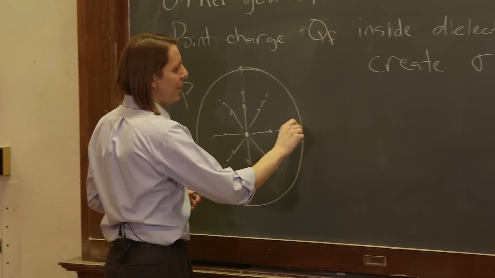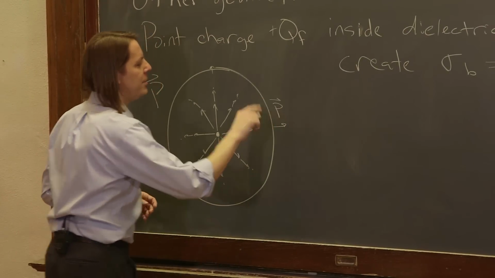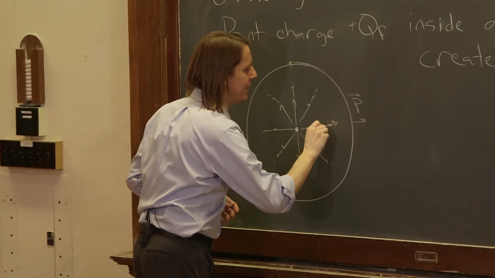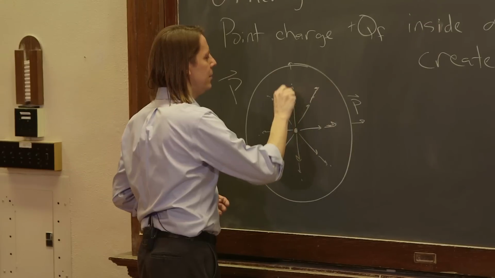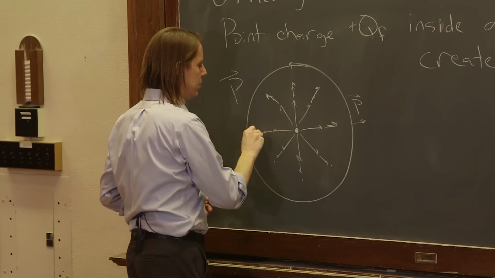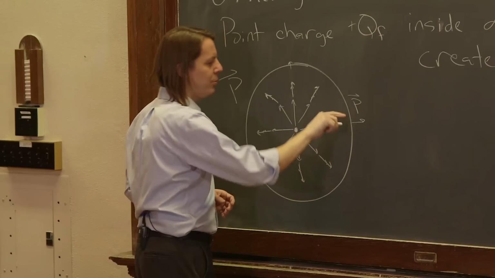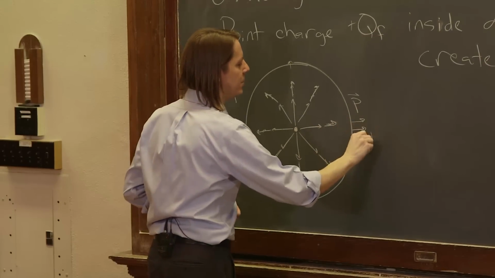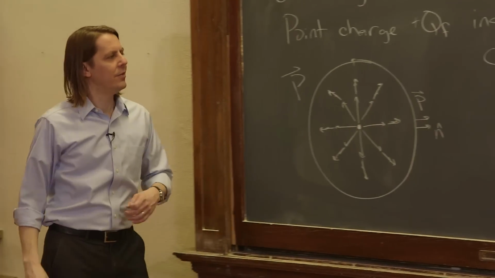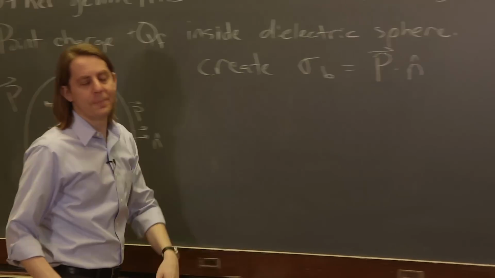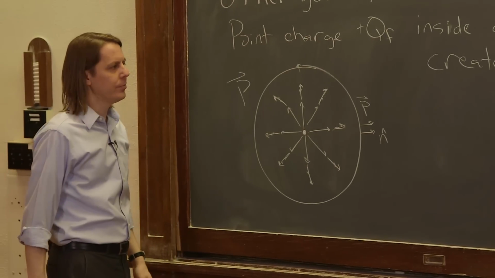So as long as there's some P vector that remains on the surface, I drew it decaying too rapidly. Okay, we can draw it like that. There you go. So there's some P field that remains on the surface. You dot it with the normal direction, which of course is the same direction, and you get that the charge density on the surface is just the magnitude of the polarization at the surface, okay?